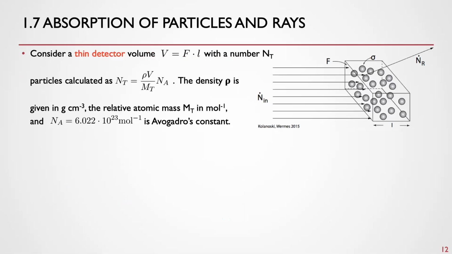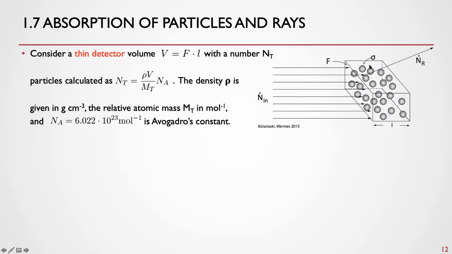So let's talk first about the absorption of particles and rays. Consider the situation to the right. There is a box with an area F, a volume L, and inside we imagine there are scattering elements, nuclei, for example, or atoms, depending on the process, with a cross-section sigma.